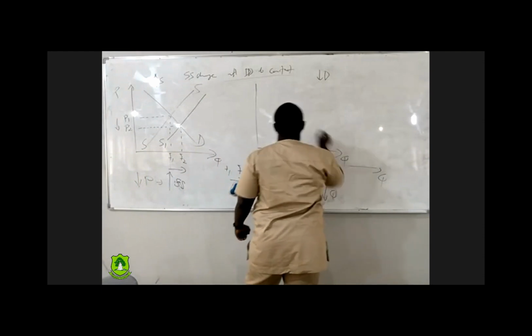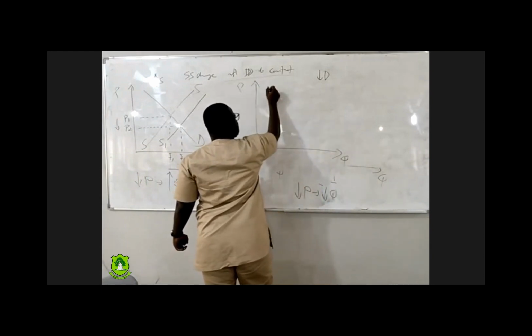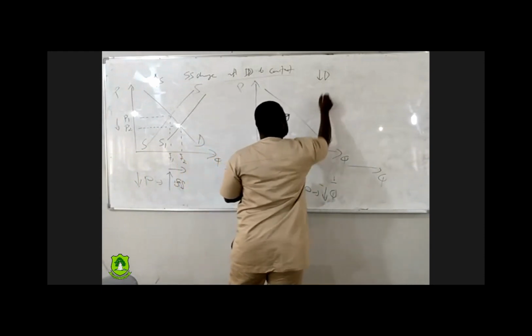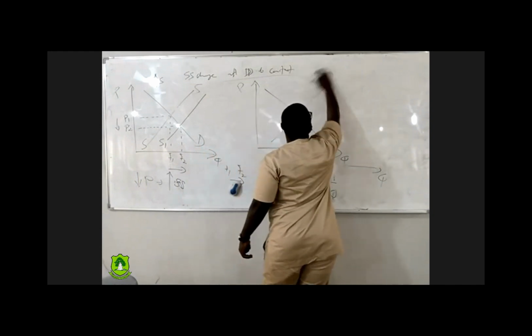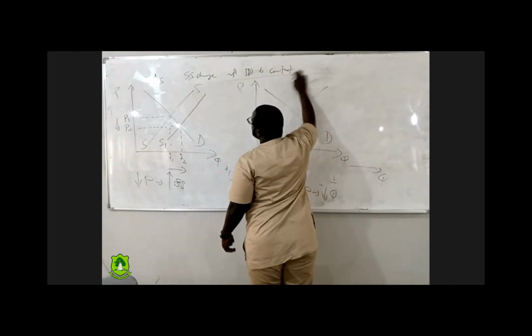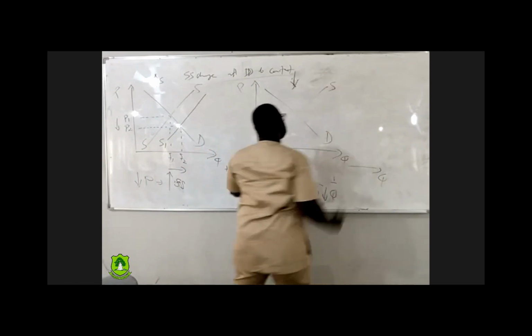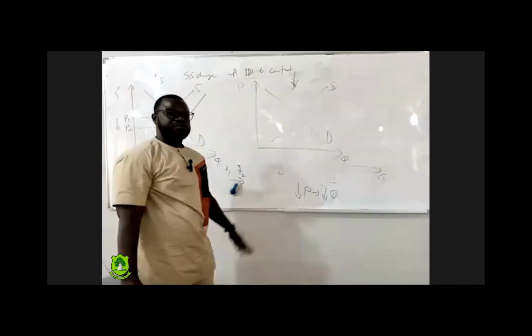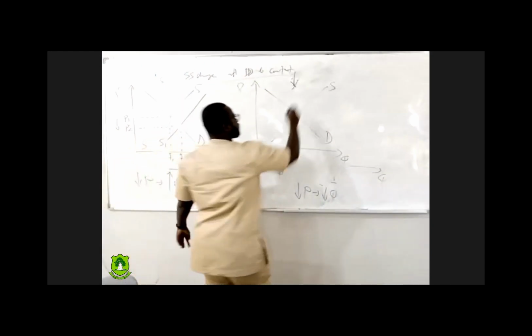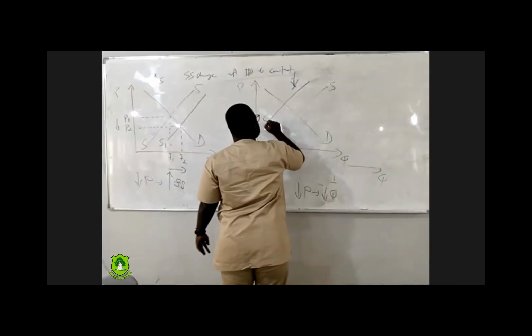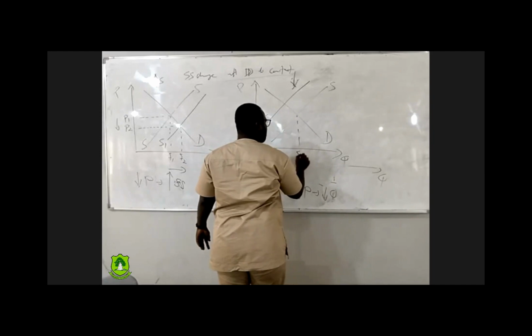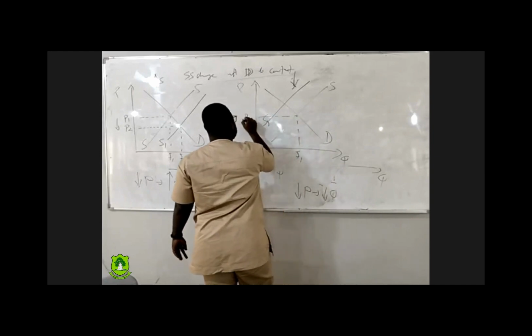Now let's look at a situation where we have demand being constant and supply is decreasing. In this case, the curve will shift to the left. So this is the new supply curve. This is the old quantity, this is the old price.